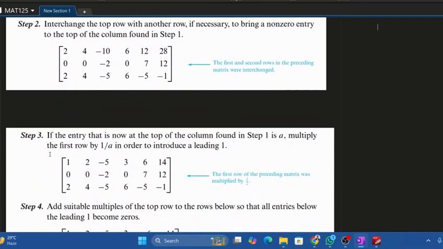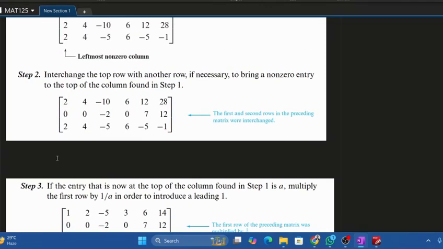Then step 3: if the entry that is now at the top of the column found in step 1 is a, multiply the first row by 1/a in order to introduce a leading one. So what we want is to make this first entry the leading one of this row.